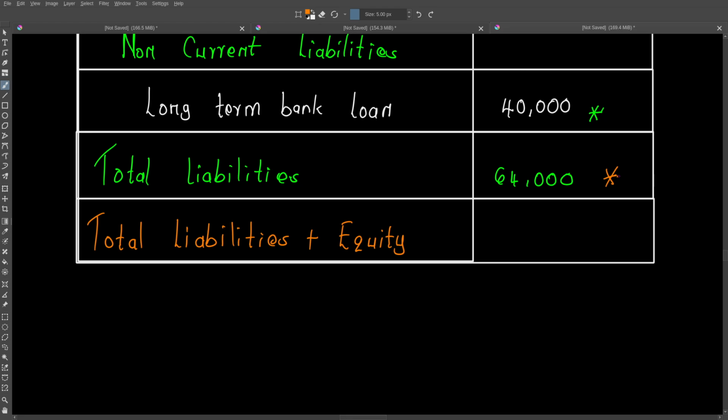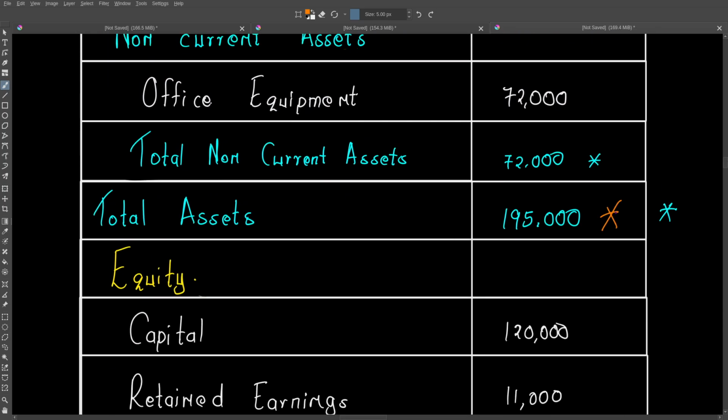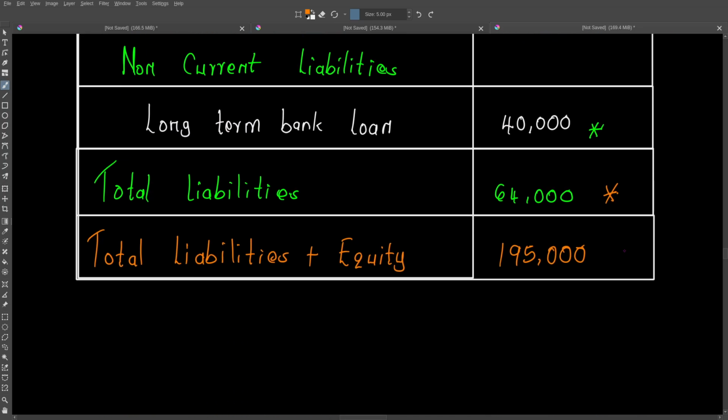When we add 131,000 plus 64,000, what do we get? We get 195,000. Recall what was our total of assets? Our assets were 195,000, and our liabilities plus equity we have 195,000, and that is how a balance sheet should always be.